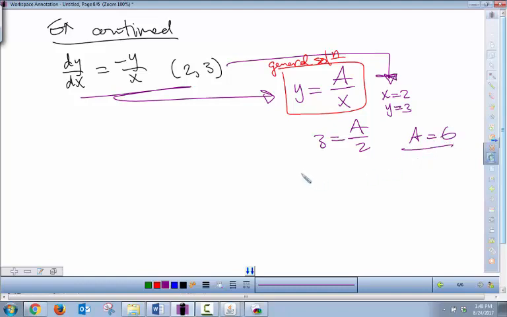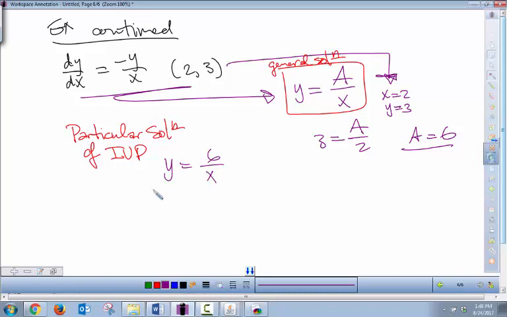Took a while. So my particular solution for the IVP, initial value problem that I have, which is a differential equation with initial condition, is given by y is equal to 6 over x.